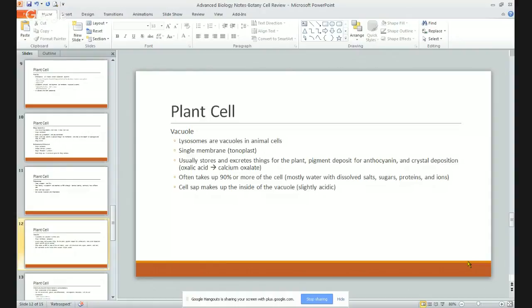Your cell sap makes up most of the inside of that vacuole, so that would be the water with the dissolved salts, sugars, etc. And it's slightly acidic, which gives it a tart or sour taste. Think of lemons. Lemons are acidic, so they're tart or sour.